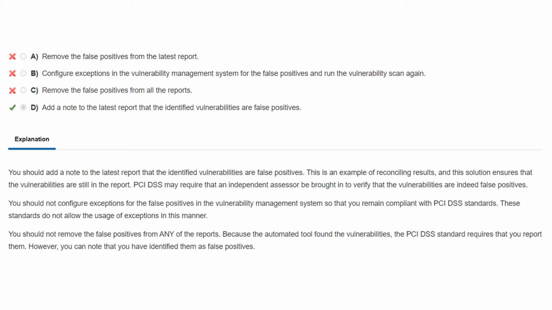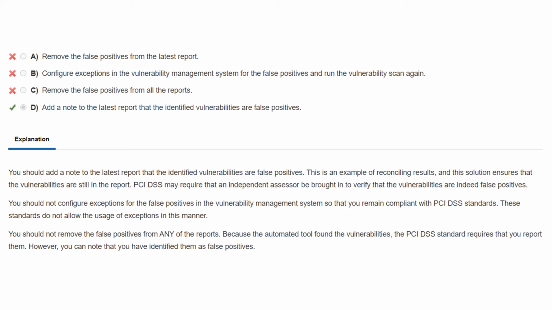This is an example of reconciling results. And this solution ensures that the vulnerabilities are still in the report. PCI DSS may require that an independent assessor be brought in to verify that the vulnerabilities are indeed false positives. You should not configure exceptions for the false positive in the vulnerability management system so that you remain compliant with PCI DSS standards.